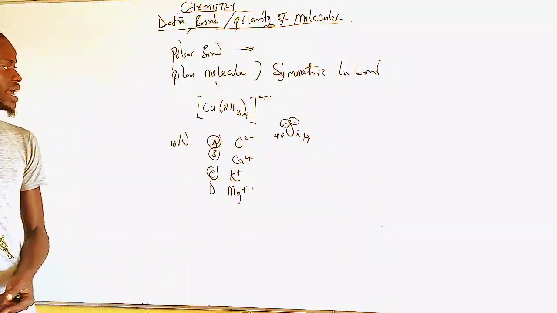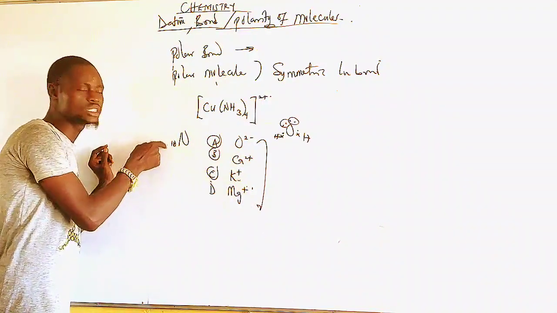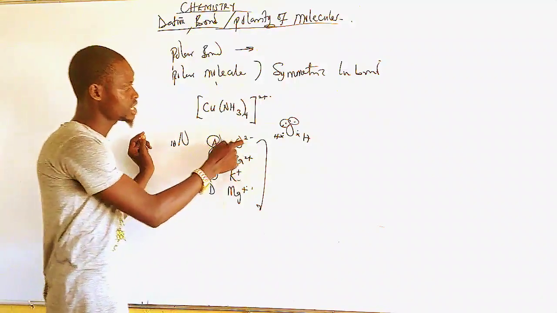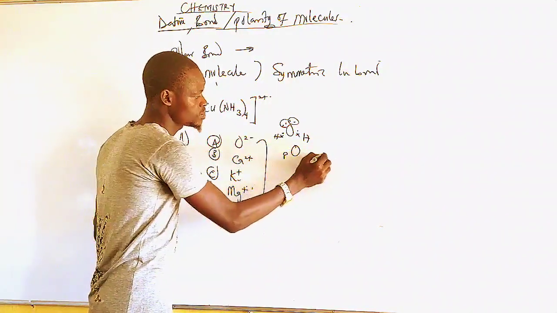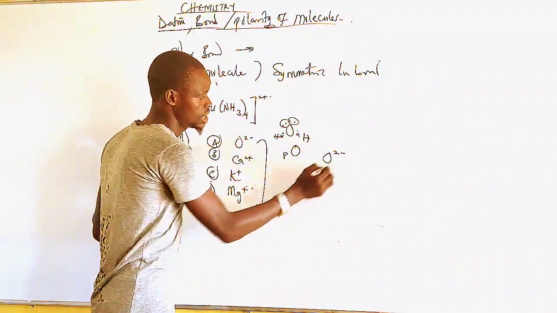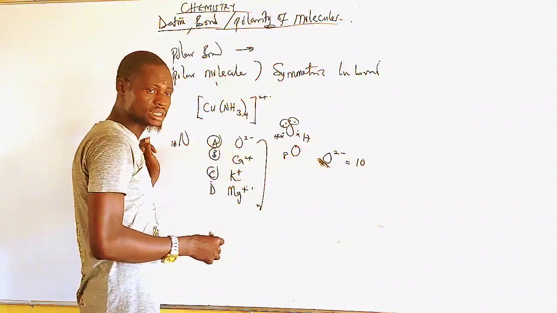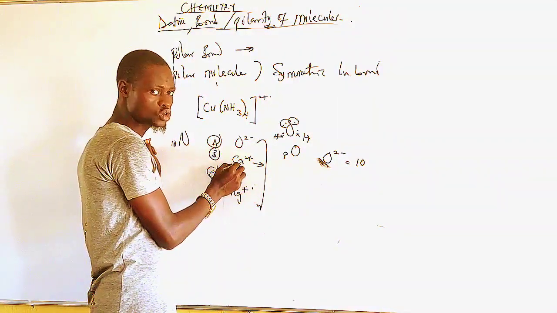Now, what they are asking is: which of these is isoelectronic with neon? That means having the same electronic configuration as neon. If you take a look at O2 minus, oxygen has 8 electrons. So when it becomes O2 minus, the electrons become 10. Calcium has 20 electrons.